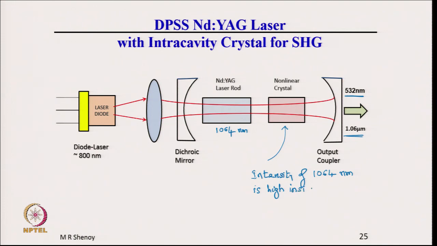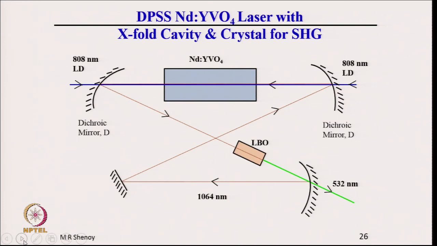That is why we have placed the nonlinear crystal inside the cavity rather than outside the cavity. And one more diagram which I had shown is a lithium borate, which is also another crystal used for second harmonic generation in the X fold cavity.